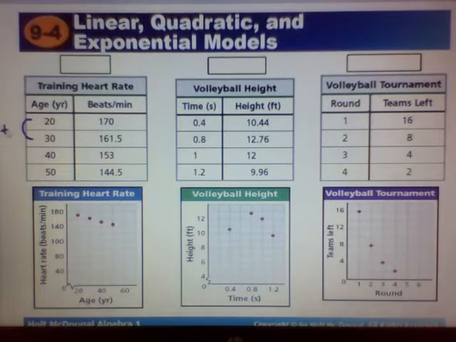So this is me writing on a computer with a computer mouse. So here we go, adding 10 as we go between each of these. And in that case, we do have something that we can compare in the data. If we look at the difference between each of these, 170 minus 161.5, we've gone down 8.5.